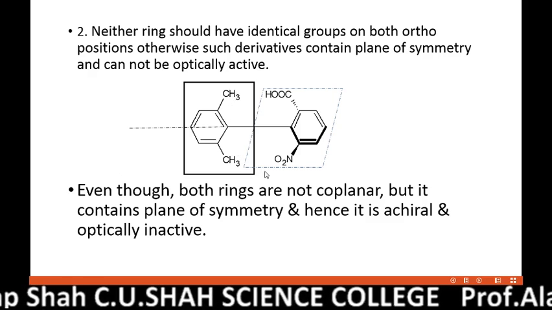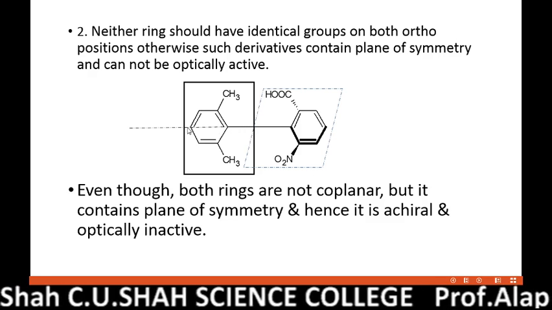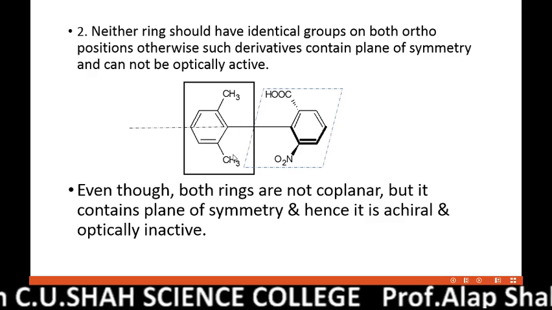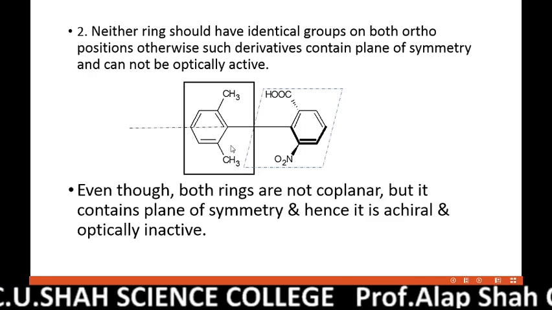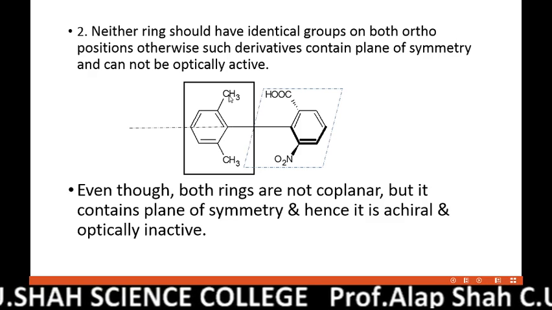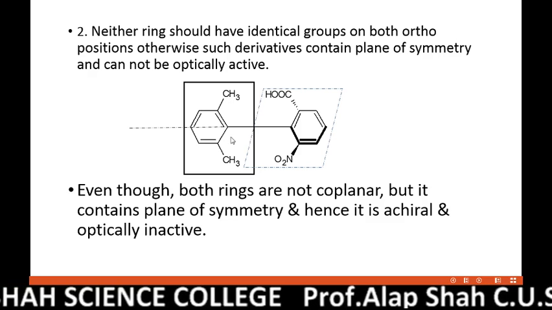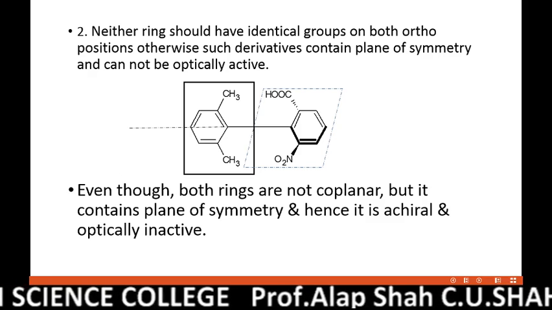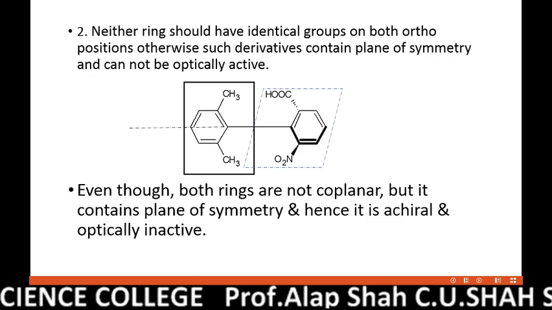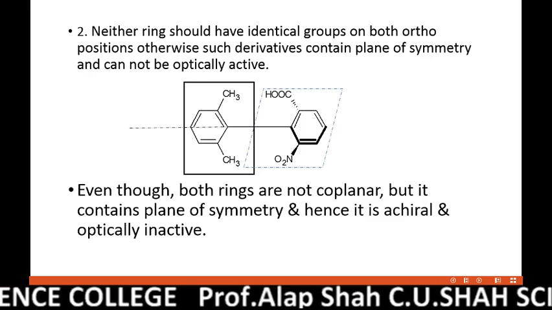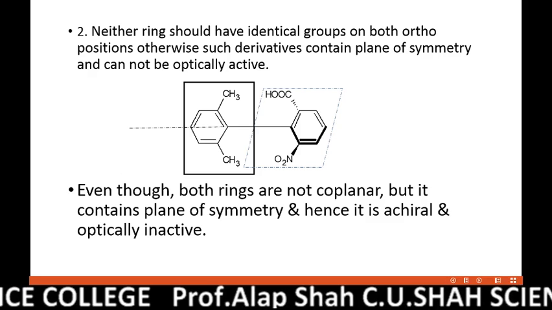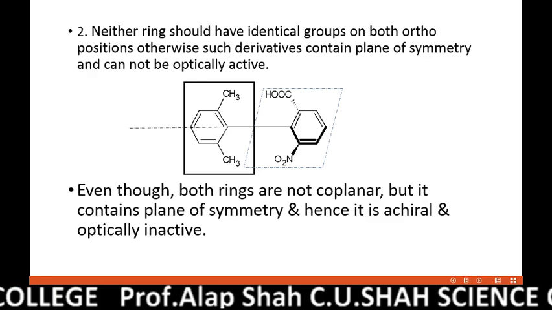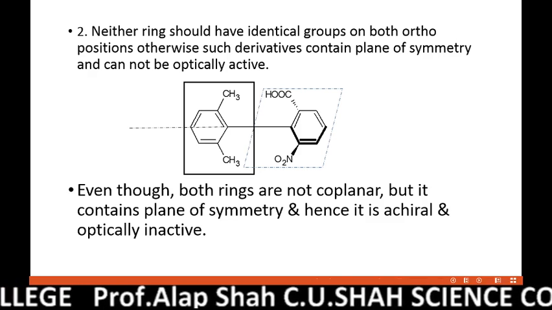So when one plane bisects the other one, equal groups are found at equal distance, and as a result, a plane of symmetry is present. So the second condition is that neither ring should have identical groups on both ortho positions, otherwise such derivatives contain a plane of symmetry and cannot be optically active.